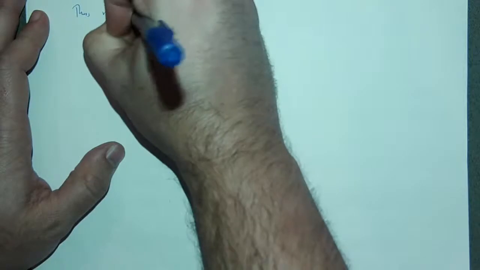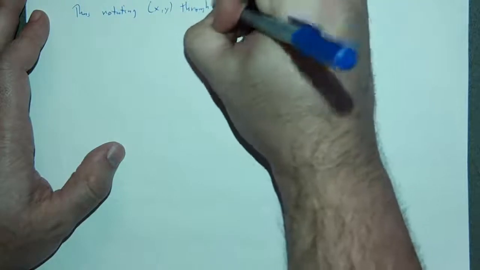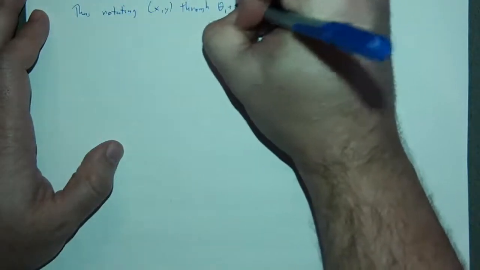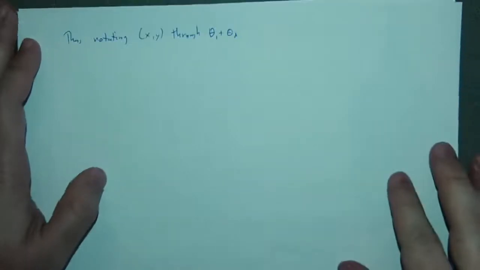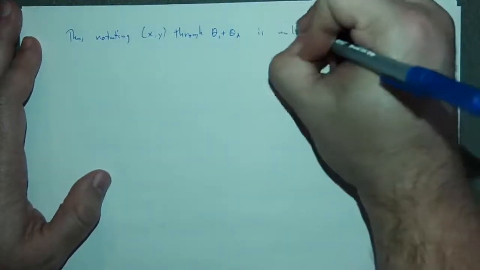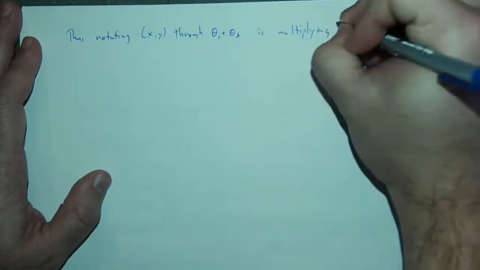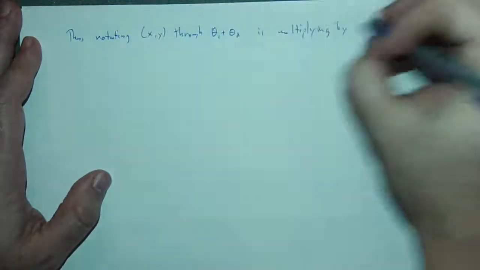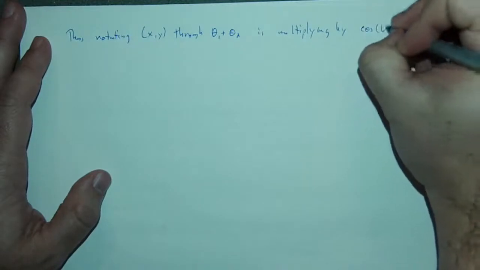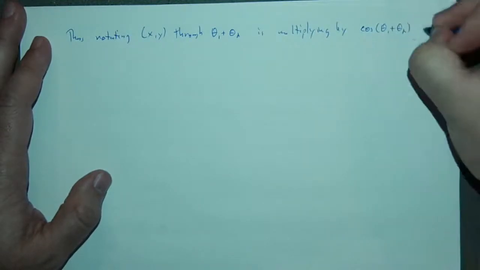So then, thus rotating xy through, say, theta sub 1 plus theta sub 2 is multiplying by the number cosine of theta sub 1 plus theta sub 2 plus I sine of theta sub 1 plus theta sub 2.